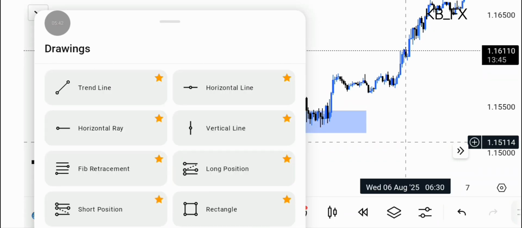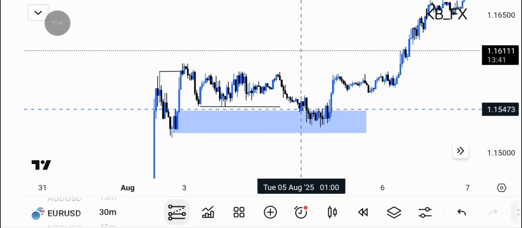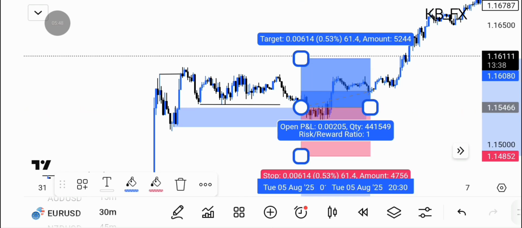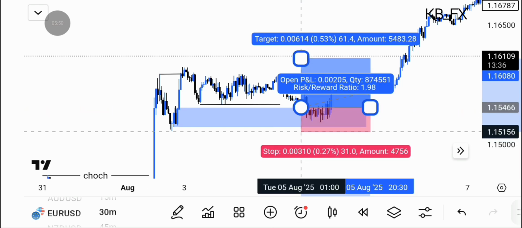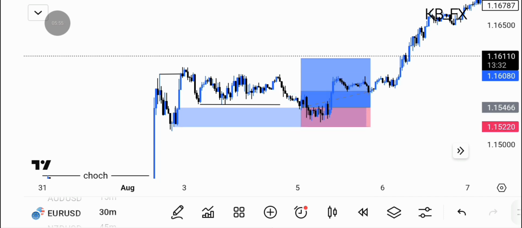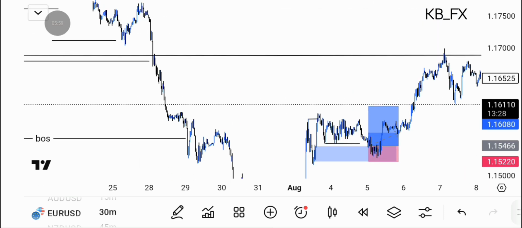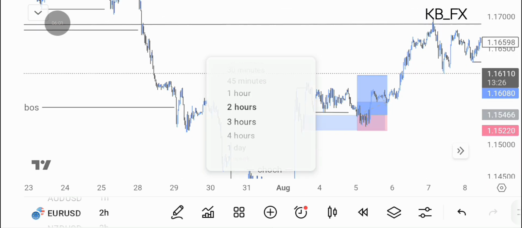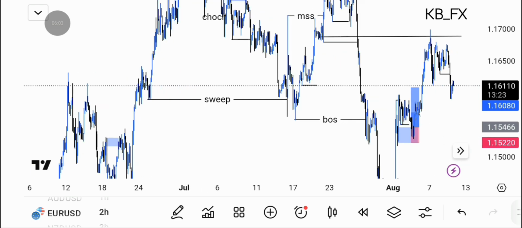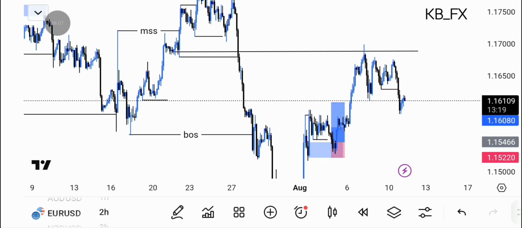Then I placed my entry here, then my stop loss somewhere below this candle here. Then after that, for my target, I use any time frame, once I know where the market is going and coming from and where the market is heading to.